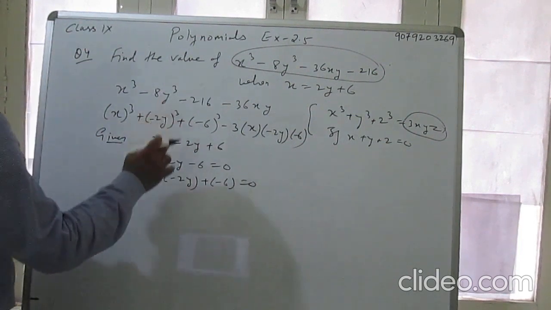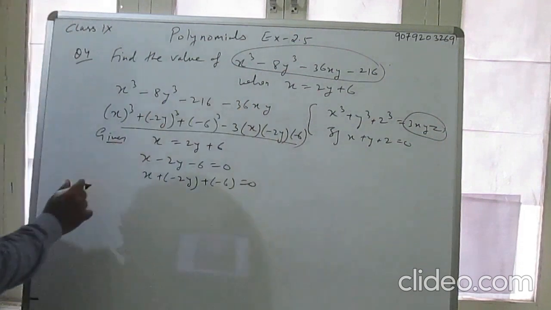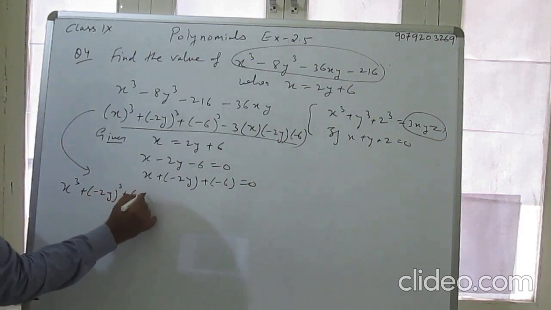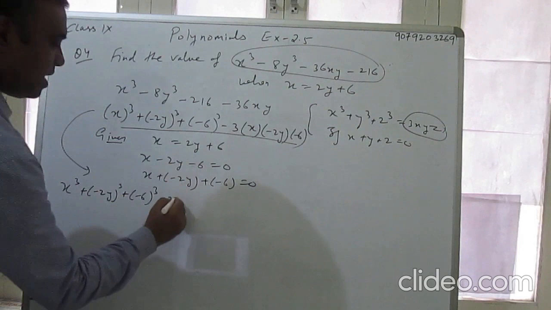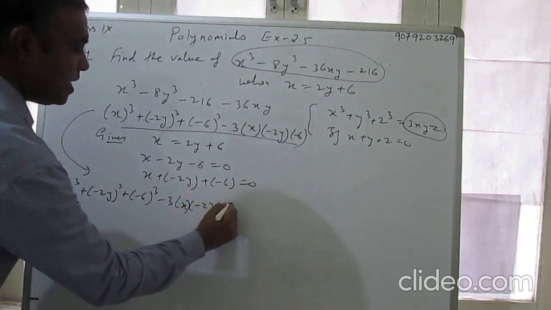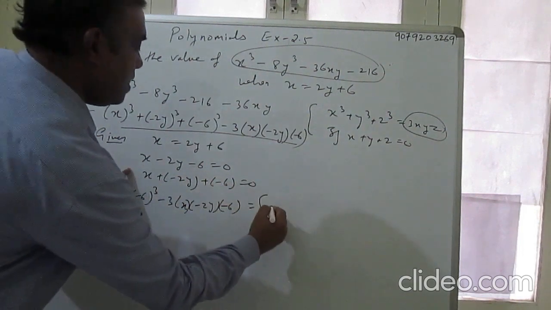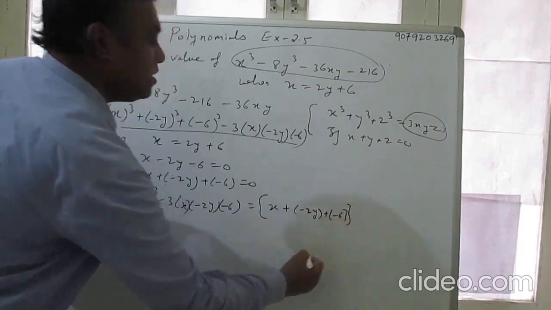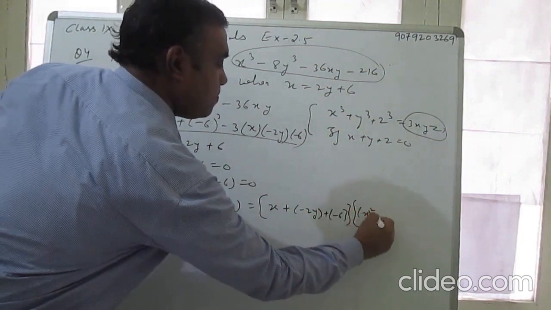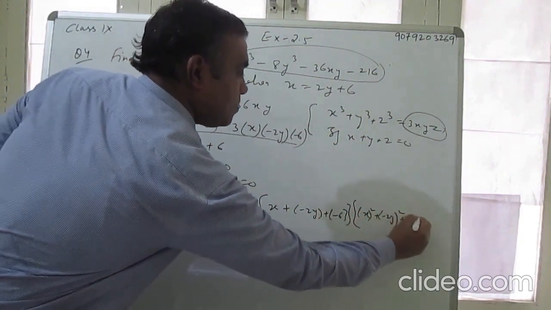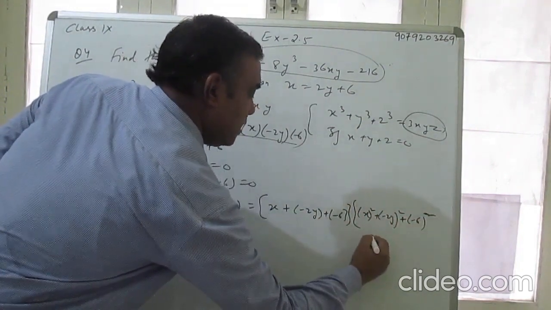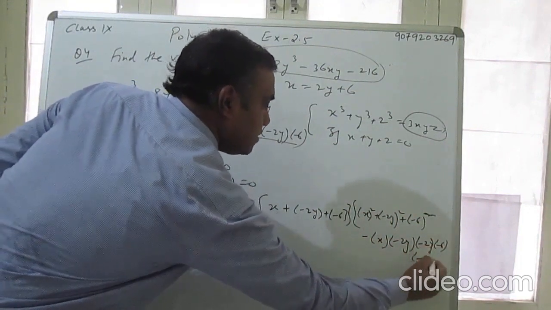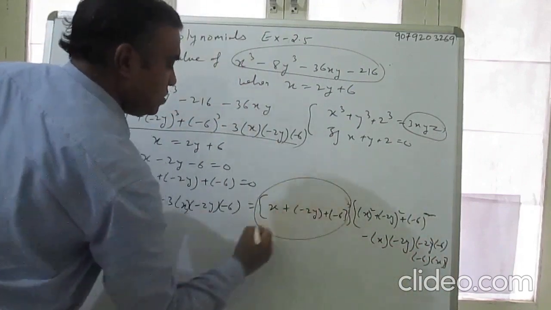If x plus y plus z is equal to 0, and if I use this identity, what is this identity? x cube plus minus 2y cube plus minus 6 whole cube minus 3 x minus 2y minus 6 is equal to bracket x plus minus 2y plus minus 6, another bracket x square plus minus 2y square plus minus 6 square minus ab minus bc minus ca.